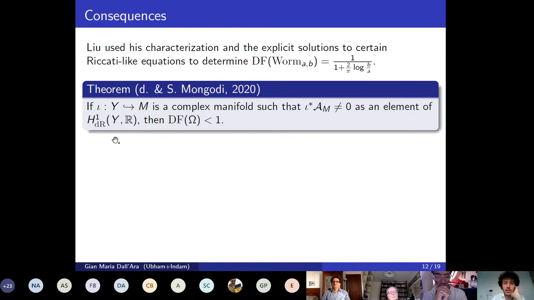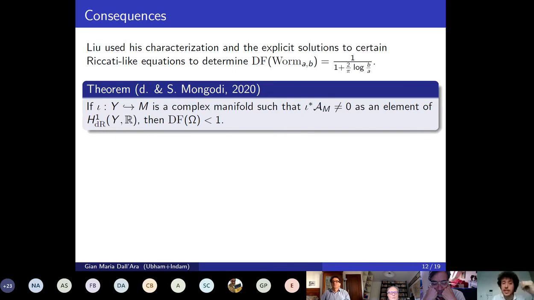This cohomology class was parameterized by the pluriharmonic function in the case of complex hypersurfaces in the boundary that I described earlier, or the real-valued harmonic functions on Riemann surfaces that I described when I showed you the picture of domains containing Riemann surfaces in their boundary. So whenever this happens, then automatically the Diederich-Fornaess index is strictly less than 1.